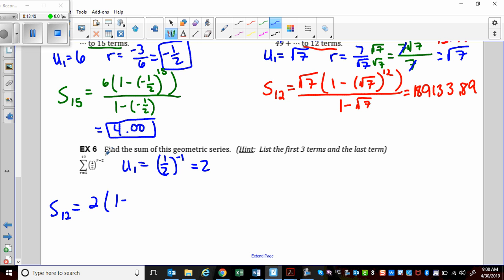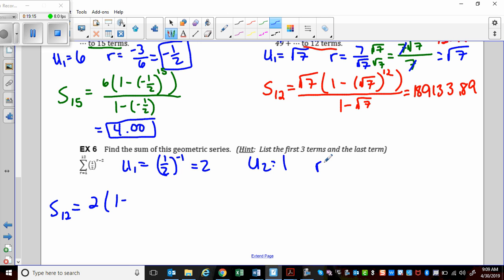My ratio is going to be 1/2. So what we can do is find u sub 2 to make sure. When we plug in 2 here, this is going to be to the 0 power, and anything to the 0 power is 1. So this equals 1. U sub 2 is 1.